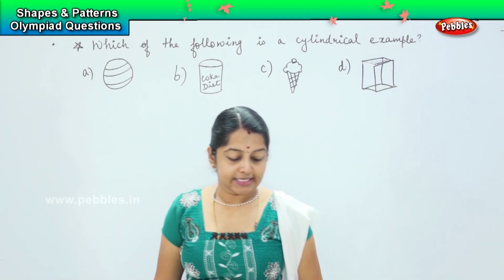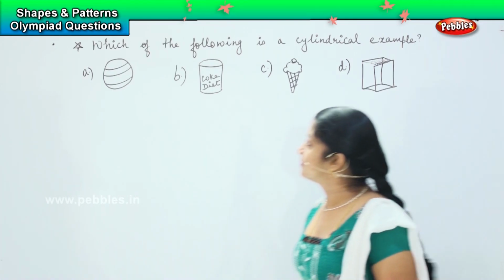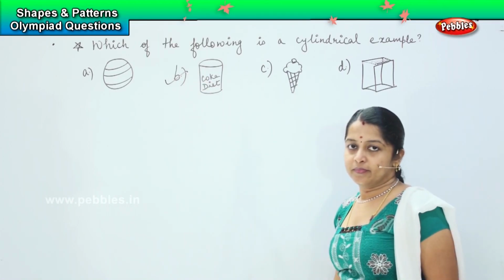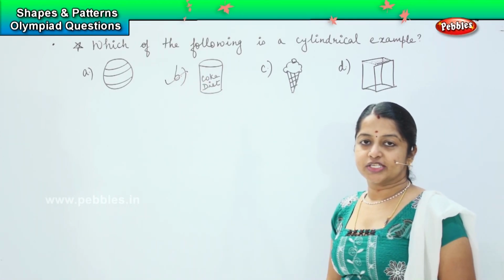So can you tell me which is an example of a cylinder? Very good. It's a Coke tin, right? It's a very easy sum. Fine. So can we go to the next question?